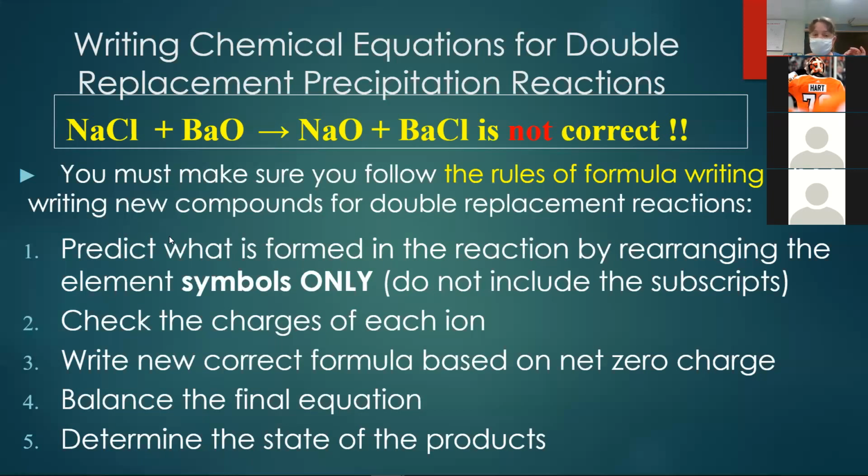Then we're going to check the charges of our ions, write new formulas based on 0 net charge, balance the final equation, and then use our solubility rules to determine the states of matter of the product. So there's a lot of steps involved, but once you get good at them, they're really not difficult.